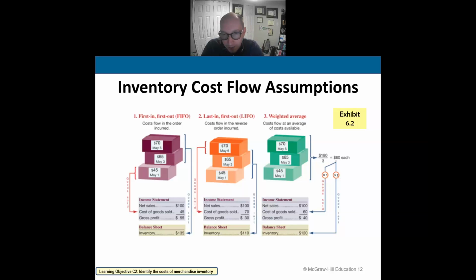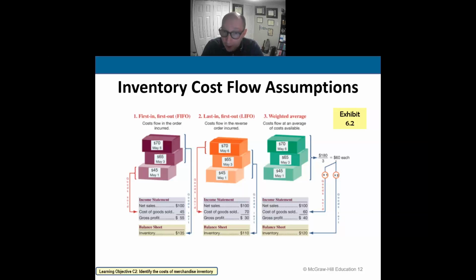I add all those up together, I get $180. I divide by 3 purchases. Total divided by number of purchases gives me an average $60. Total cost divided by the 3 purchases equals $60.